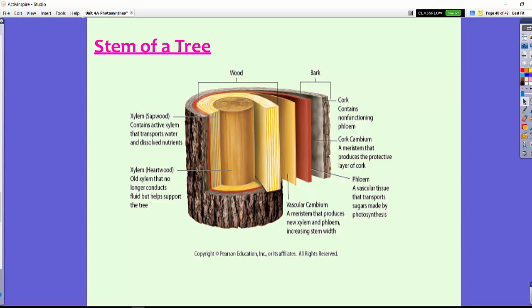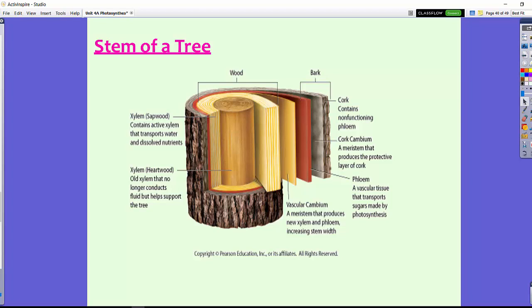Now overall, a tree also has a stem, but we call that the trunk. The trunk of the tree is just a huge stem. Taking a look at this picture, you'll notice that there are several components of the stem of a tree.